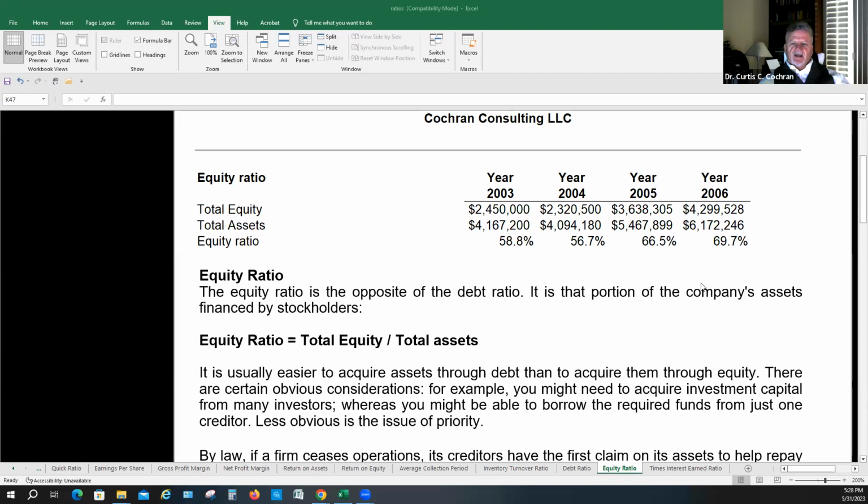It's a good indicator when it comes to growing your business, whether through debt or equity, something to take into consideration. All right, so that was not too exciting a ratio, but a very, very important ratio, as all of them were.